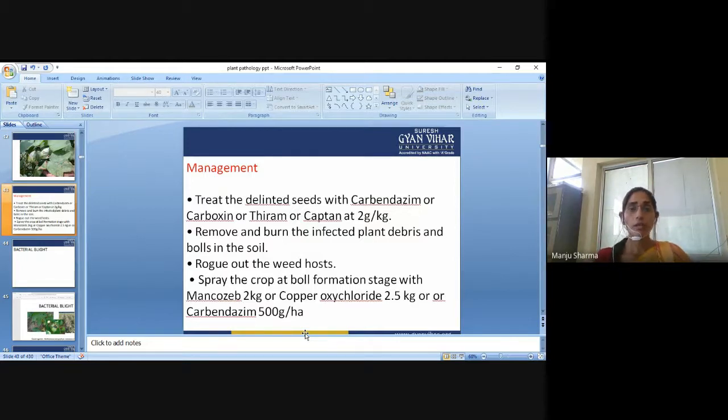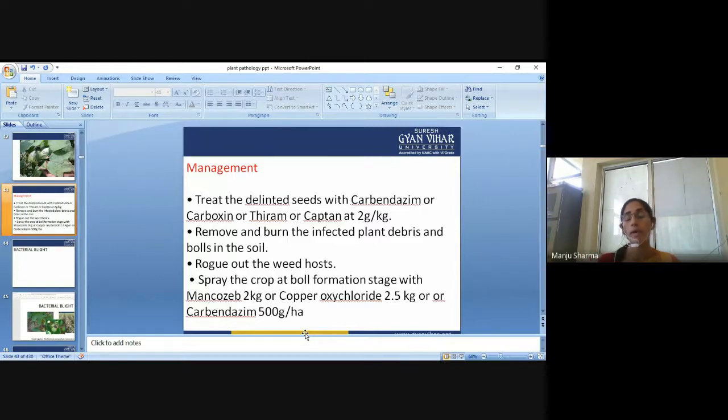Management: treat the delinted seeds with carbendazim or carboxin or thiram or captan at 2 gram per kg. Then remove and burn the infected plant debris and bolls in the soil. Rogue out the weed hosts.